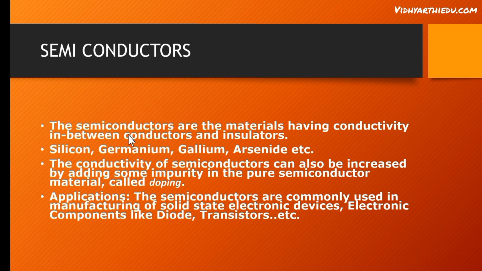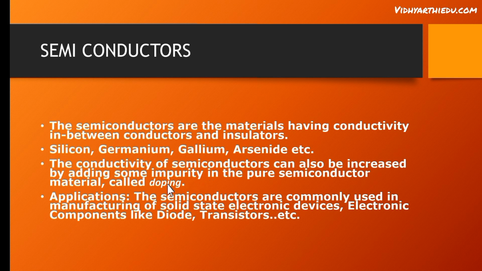See, examples of semiconductors are silicon, germanium, gallium arsenide, etc. The conductivity of semiconductors can be increased by adding some impurities. These impurities are chemical substances. Adding some impurity to the pure semiconductor material is called doping.